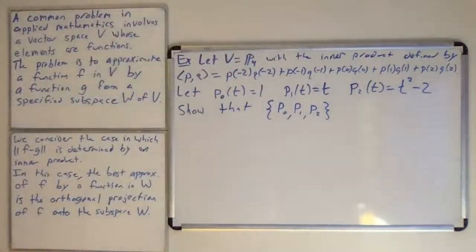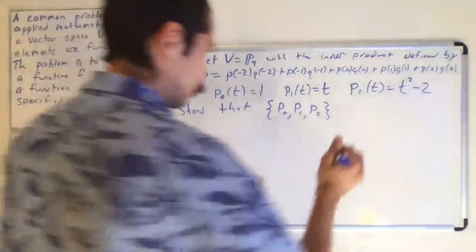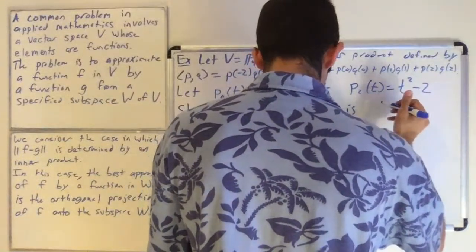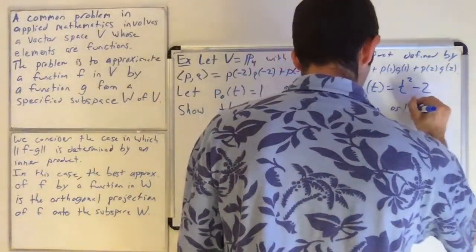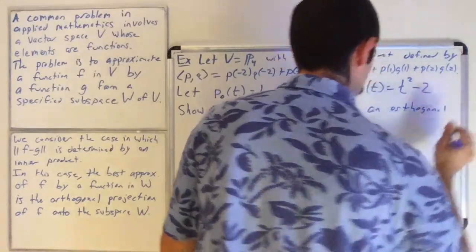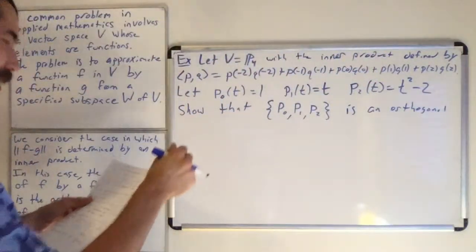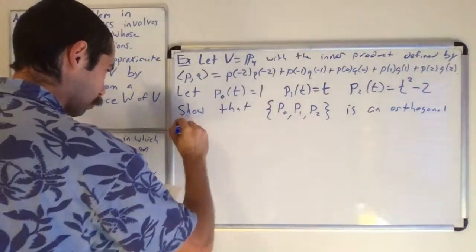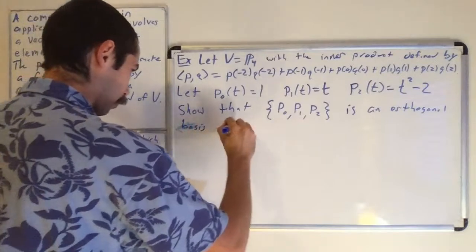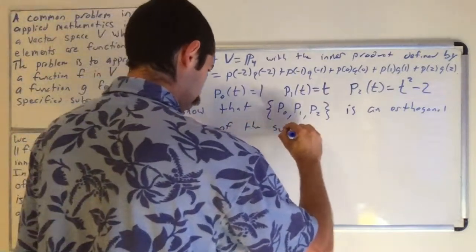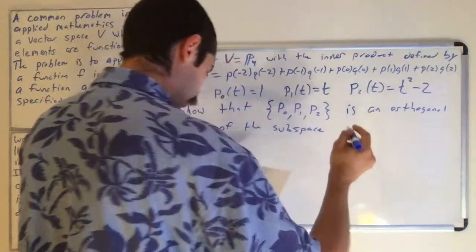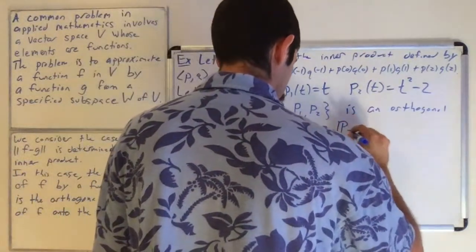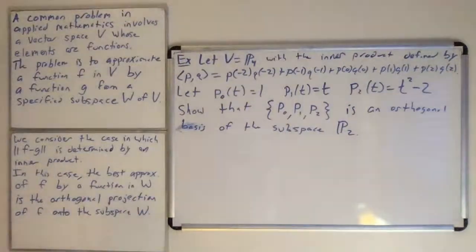Show that P0, P1, P2 is an orthogonal basis of the subspace P2. All right, so that's the first part of the question. I'm not going to write the second part yet.